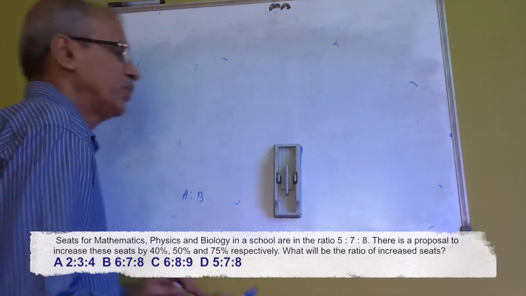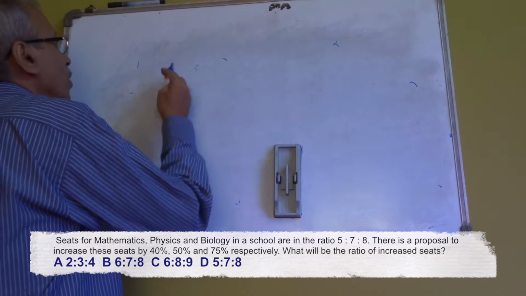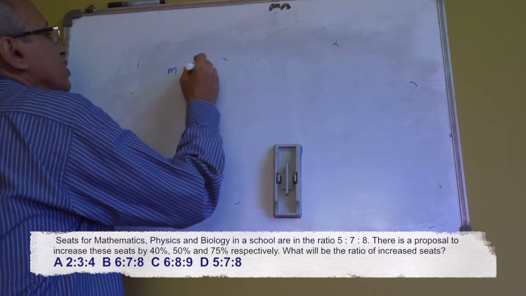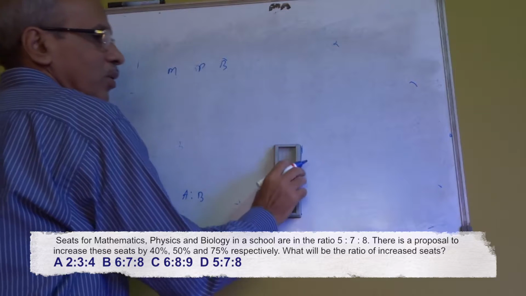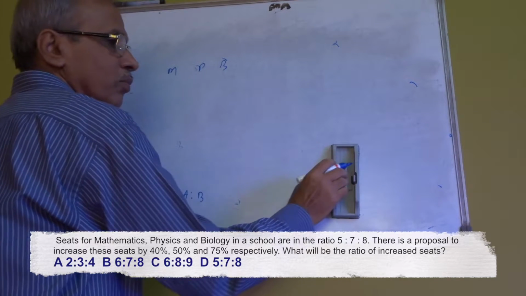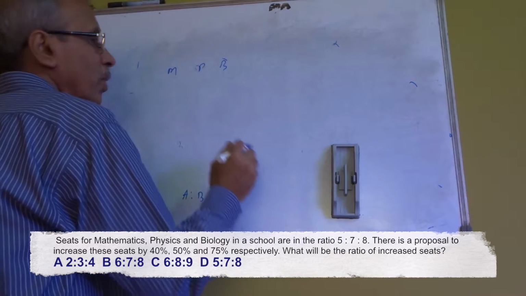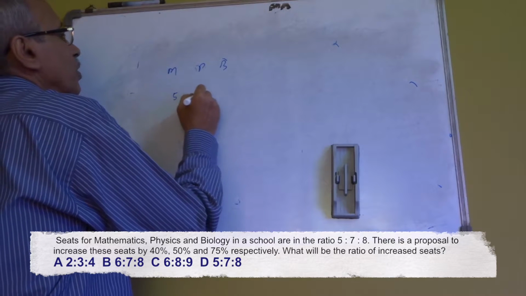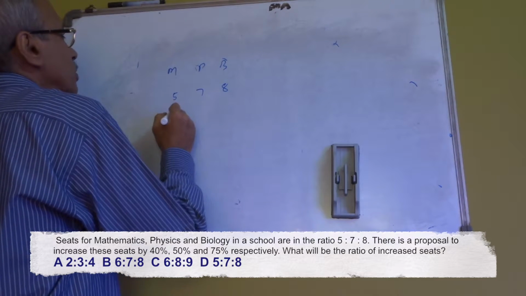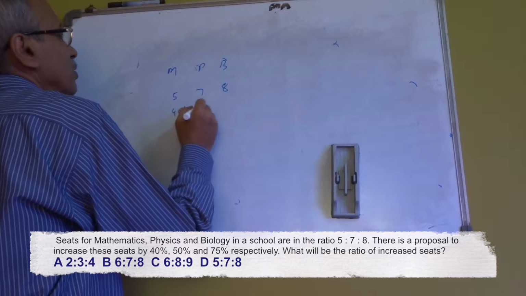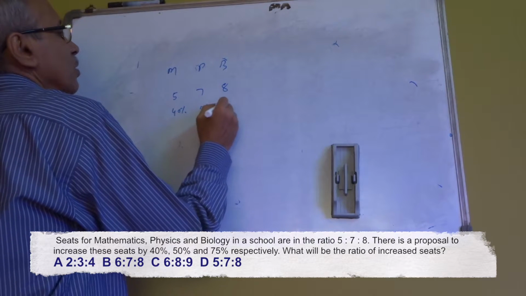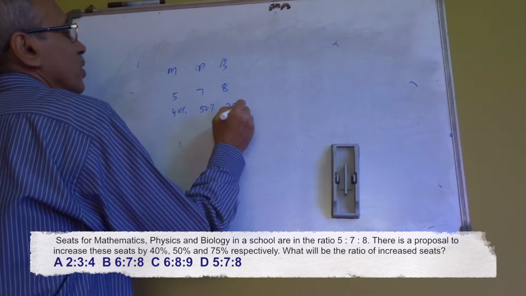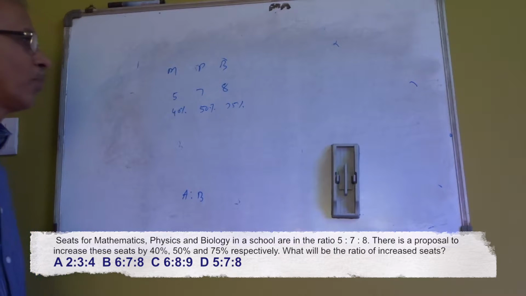Seeds of mathematics, physics and biology are in the ratio of 5, 7, 8. There is a proposal to increase mathematics by 40%, physics by 50% and biology by 75%. What is the new ratio?